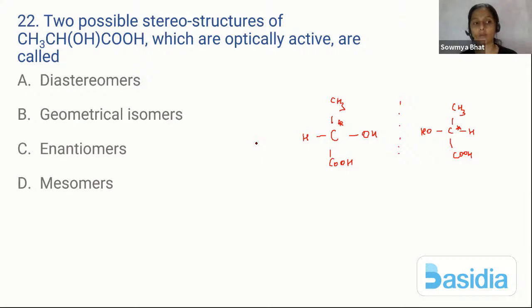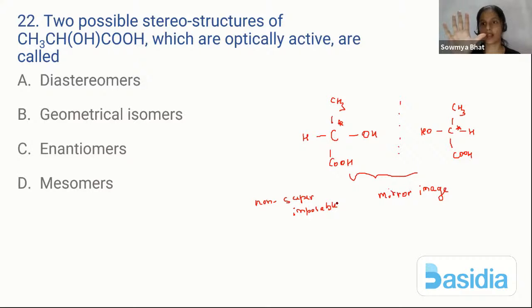And then the option C would be enantiomers. Enantiomers are the compounds which are the mirror images of each other, but these are non-superimposable. Just like I hold my hand, you can see this hand. If you take these 2 hands, and if I'm going to place it over the mirror image, they are not going to superimpose over each other, right?